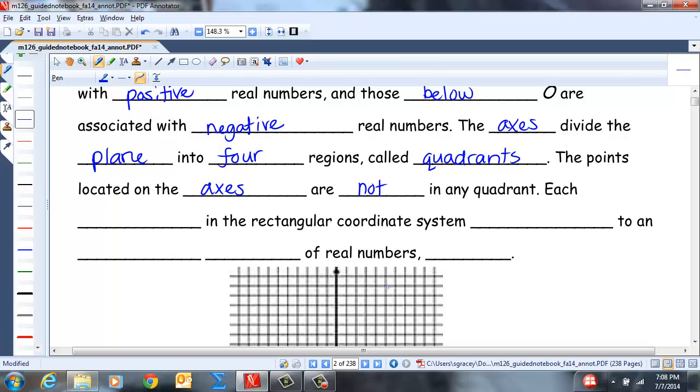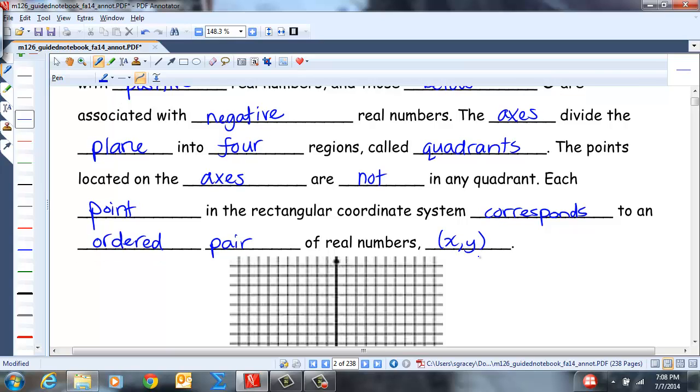So each point in the rectangular coordinate system corresponds to an ordered pair of real numbers in the form x comma y.